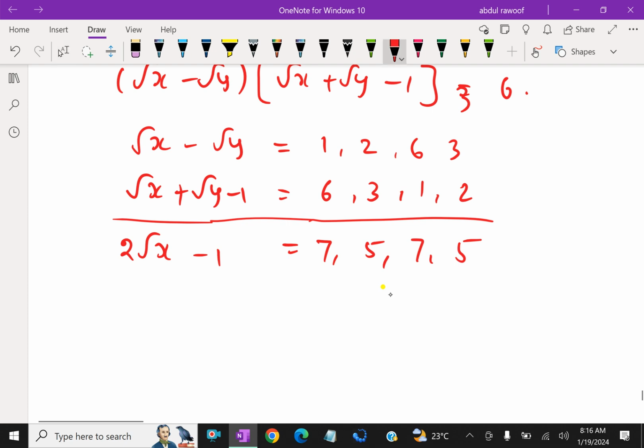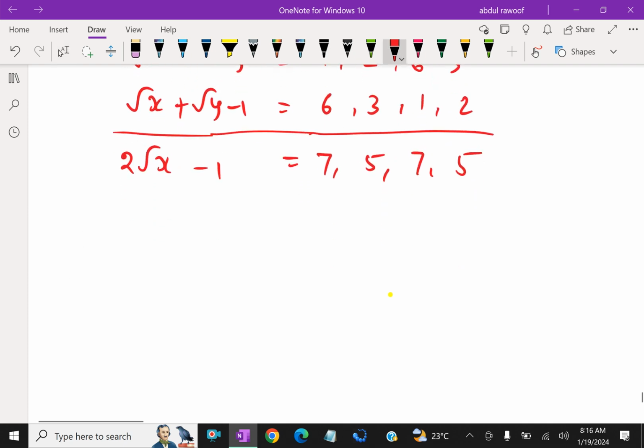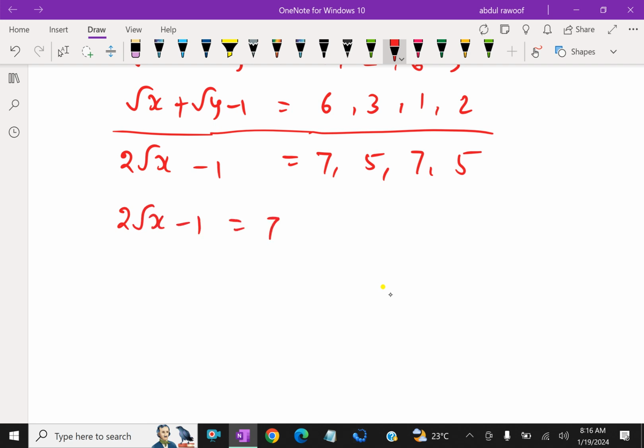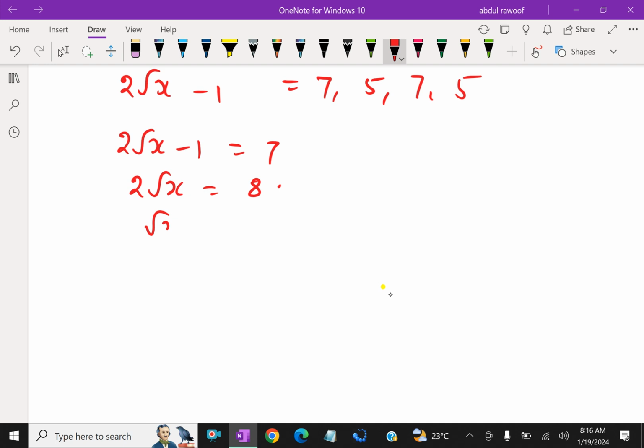Here, first: 2 root x minus 1 equals 7. Therefore 2 root x equals 8. Then root x equals 8 over 2, which is 4.